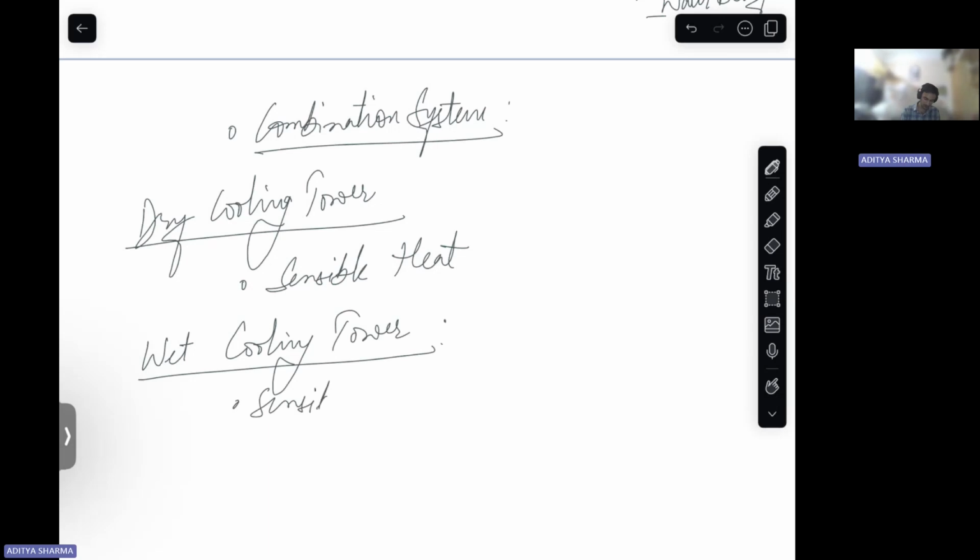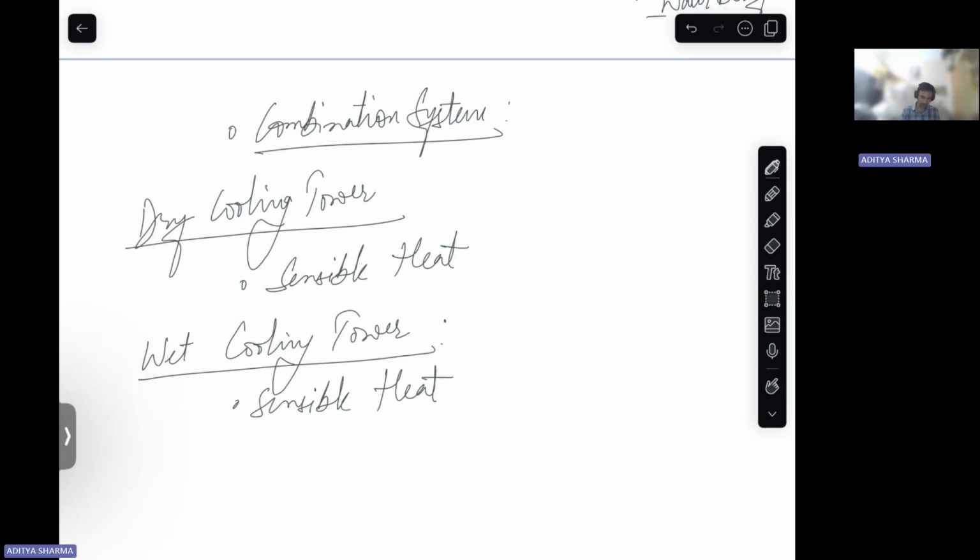this is sensible heat. I hope you know the difference between sensible heat and latent heat, right? Latent is hidden, where phase change is taking place. Sensible is that where phase change is not taking place. Okay.